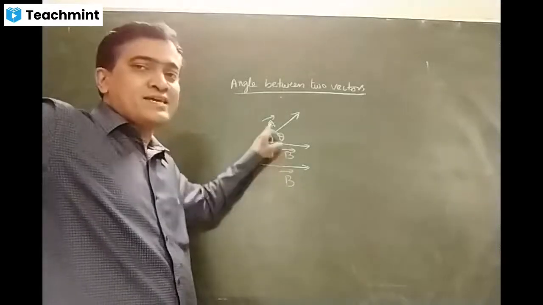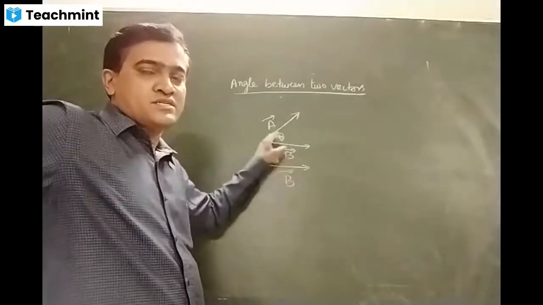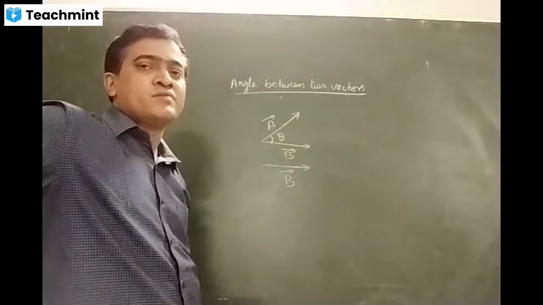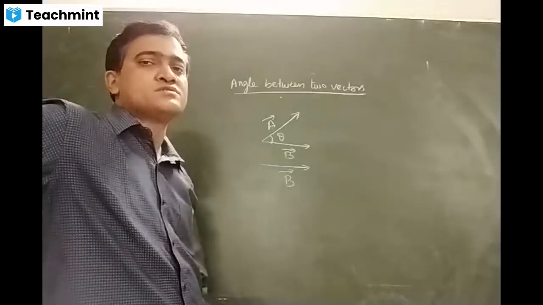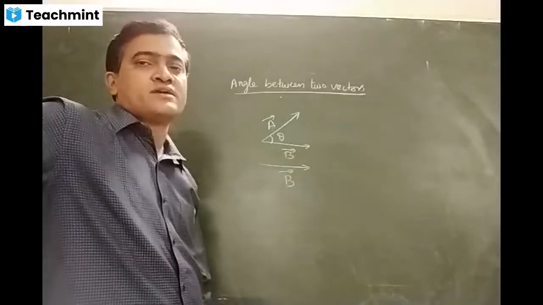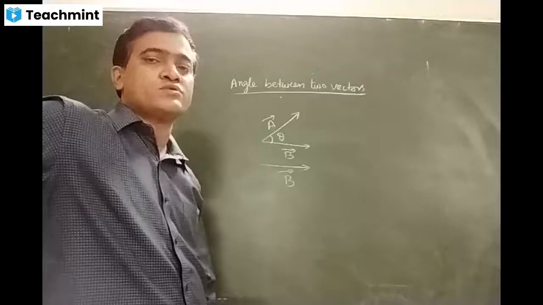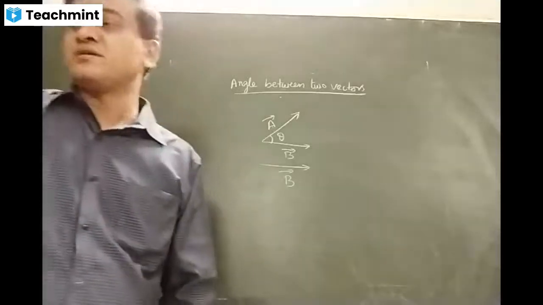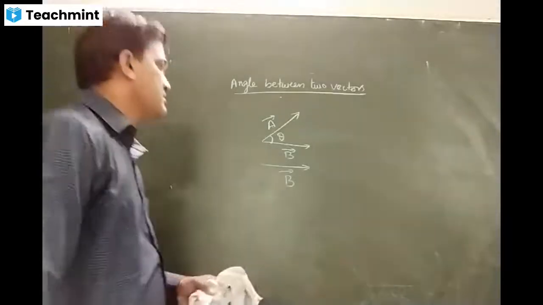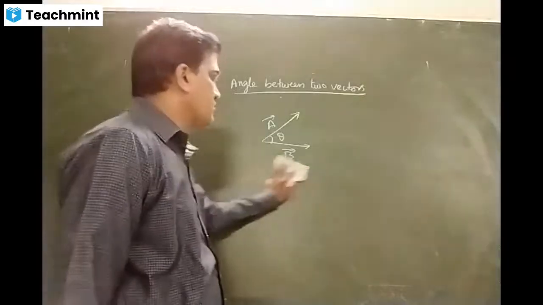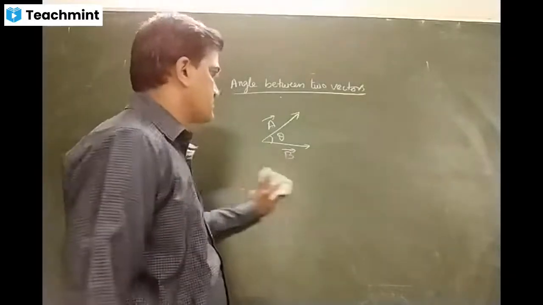Then theta is the angle between A bar and B bar, and that is the smallest angle. Smallest in the sense it should be acute, right? So this is about the angle between two vectors.